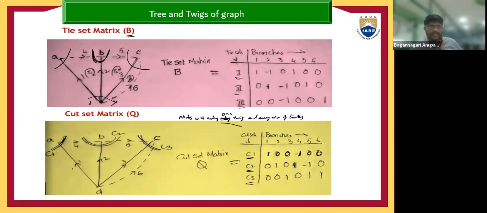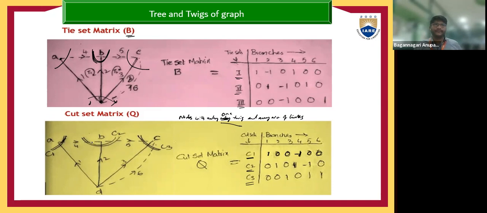And why is the polarity given minus for 4? Because in this cut set, we give positive polarity for currents which are coming towards the node and negative for those moving away from the node.